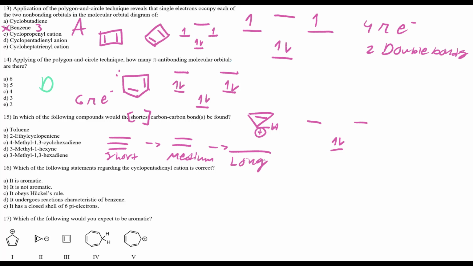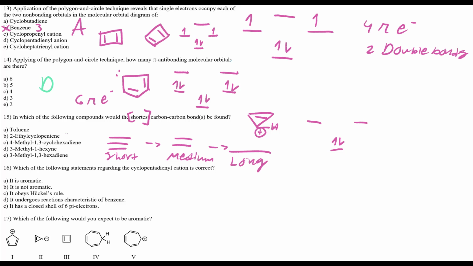Now, if I took one of those branches and I break that in half, I now have 3 pieces. Okay. Now, they're shorter, but they're going to be stronger to break if I try to break it all at once, right? So that's kind of like my logic. So if I have something that is a triple bond, I know that they're going to be short bonds. If I have something that is a single bond, I know that it's going to be a long bond.